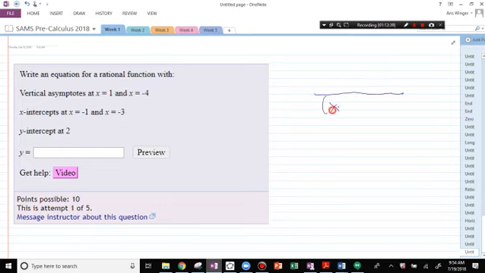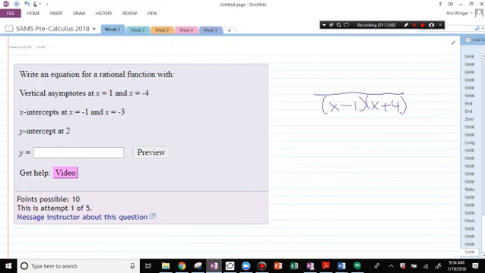It's x minus 1 times x plus 4. Those are the factors that have to be in the denominator for me to have a problem there. If there's a vertical asymptote at 1, that means when I plug in 1, I'm going to be dividing by 0. So the denominator should have x minus 1 in it. If I plug in -4, I should have a problem, right?